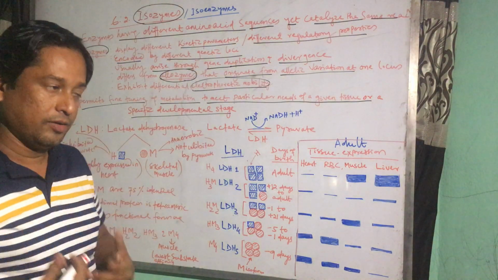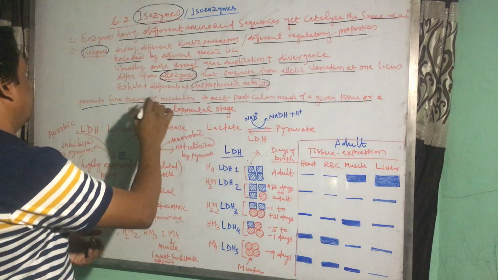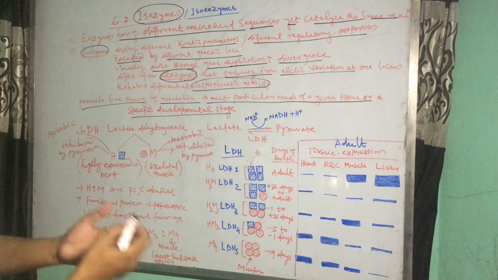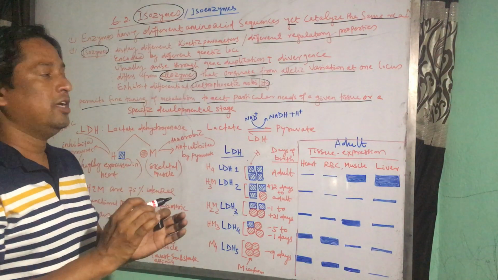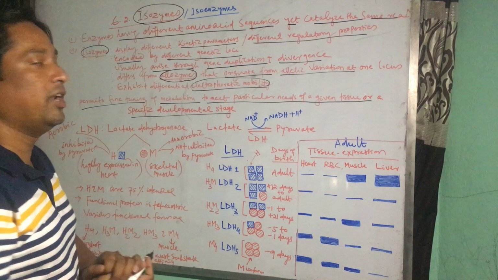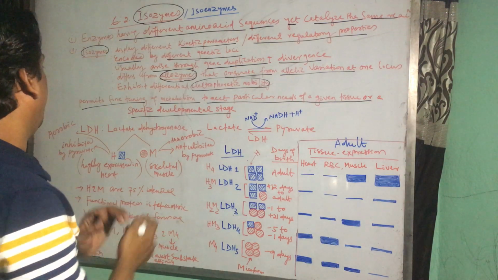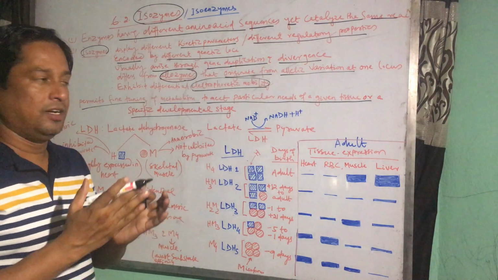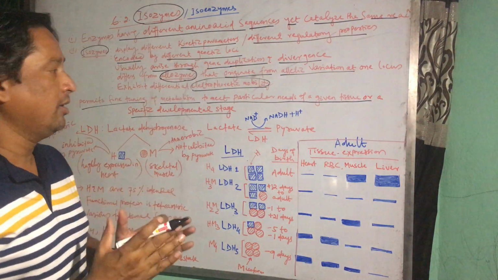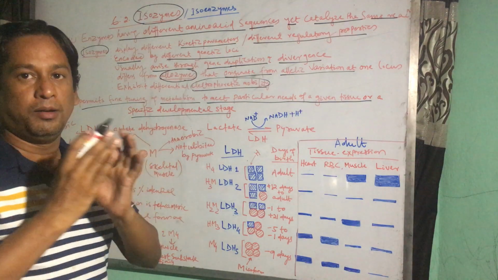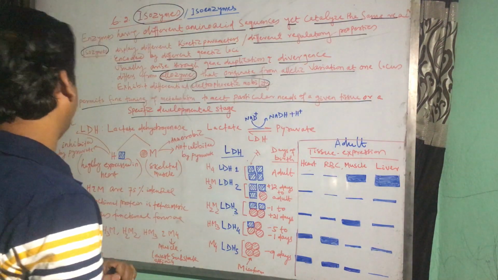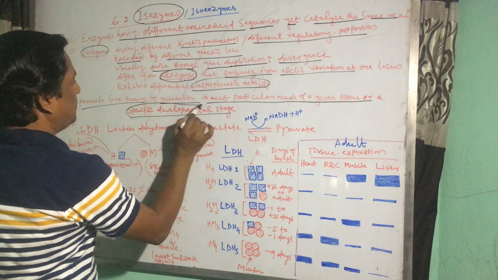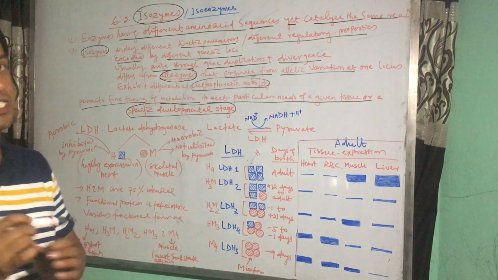Depending on the need of the tissue, the type of isoenzyme is expressed, which meets the specific metabolic requirement of the tissue and catalyzes the reaction at a rate optimal for the optimal metabolism of the cell.